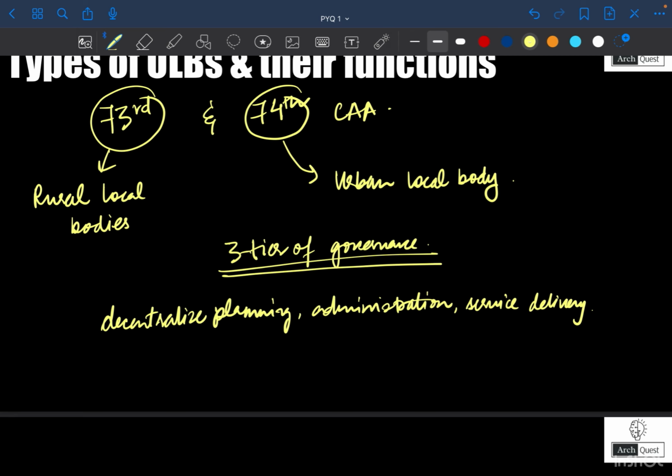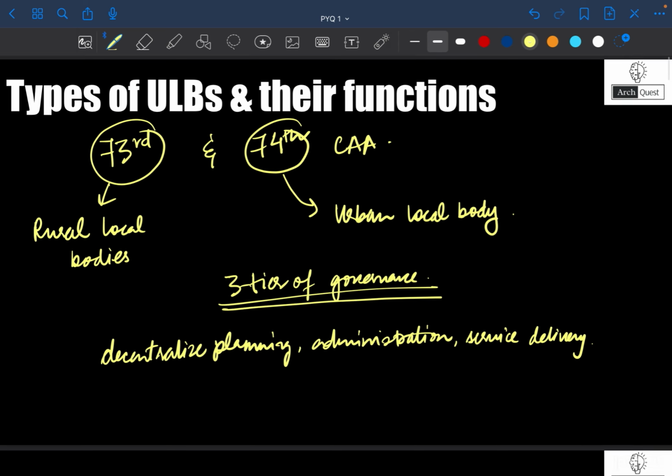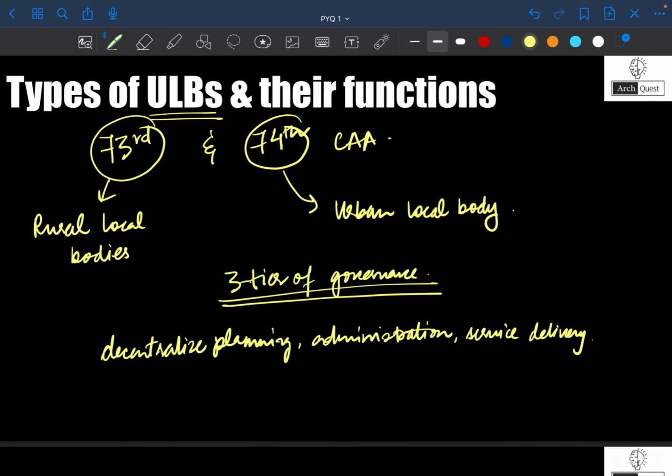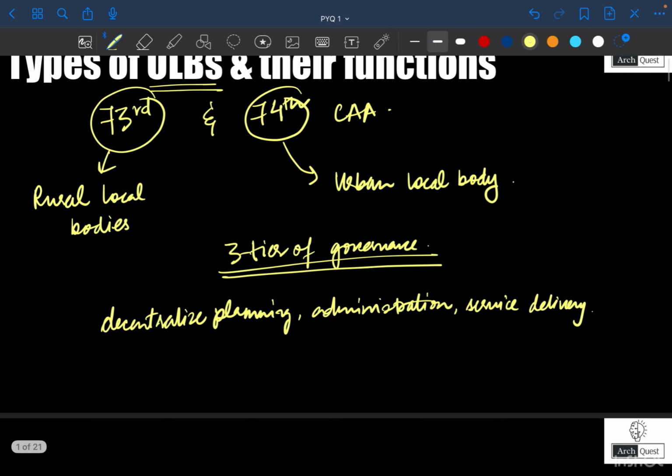Since this video is all about the urban local body, which means the urban areas, our focus would be on the 74th Amendment Act, which gave constitutional status to the ULBs. It also clearly defined their structure and functions.